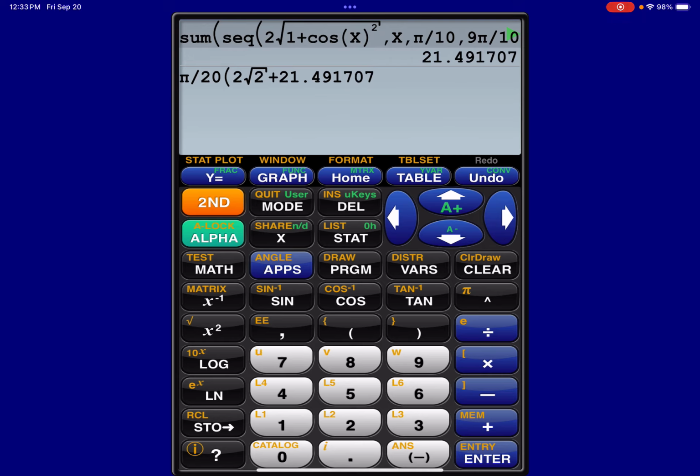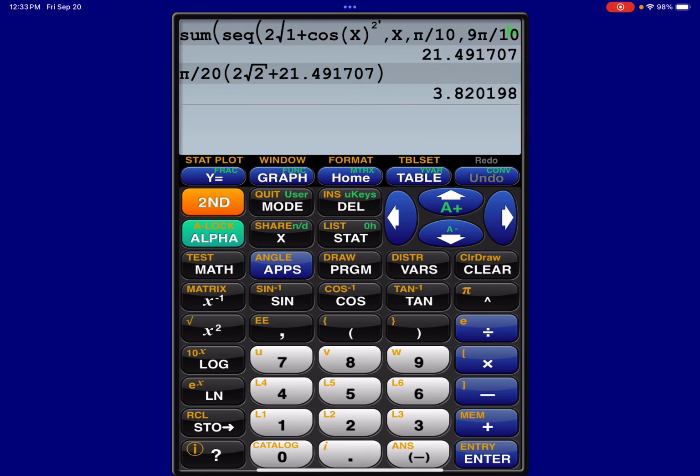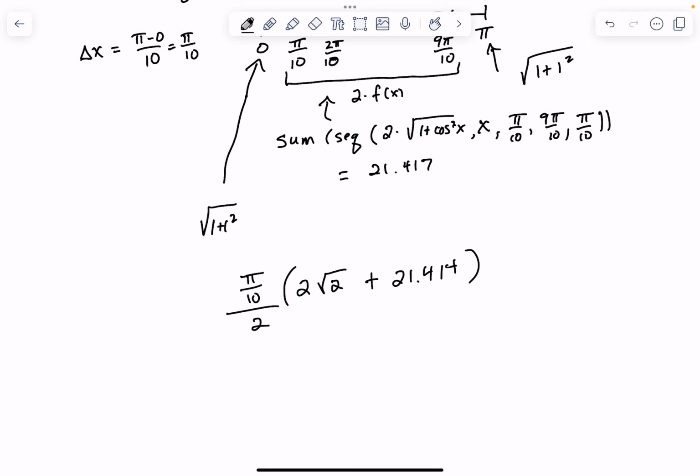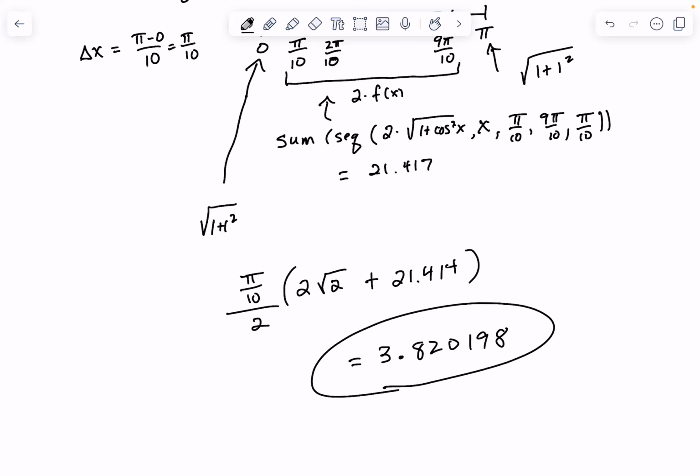I don't usually use that many decimals, but that's okay. And it says 3.820198. So that is my estimate.